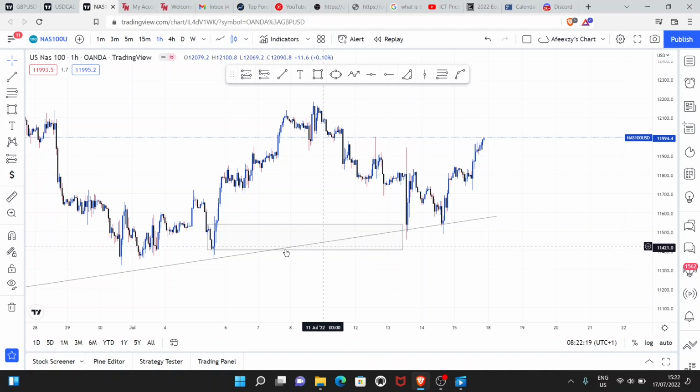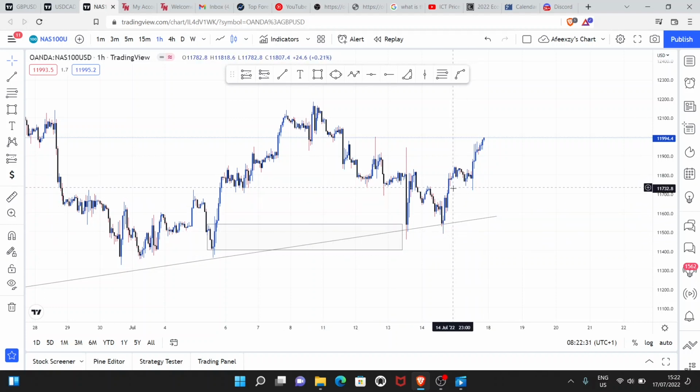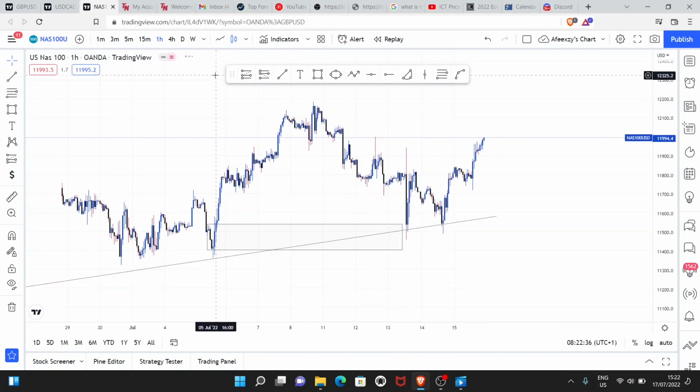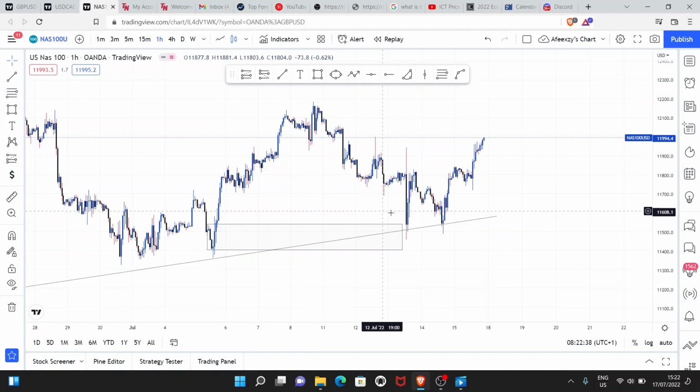So this Nasdaq, I think it's clearer on 4 hour because there was a lot of spike here, filling all these little fair value gaps between this candle. There are some fair value gaps.